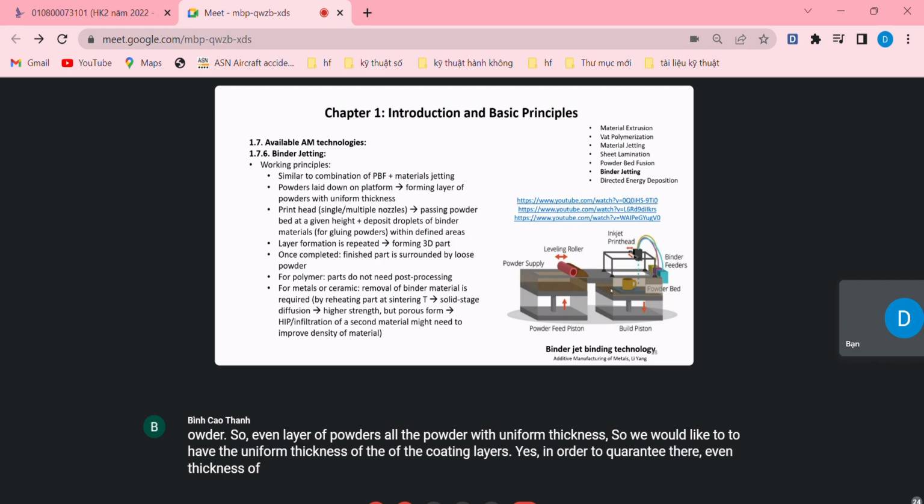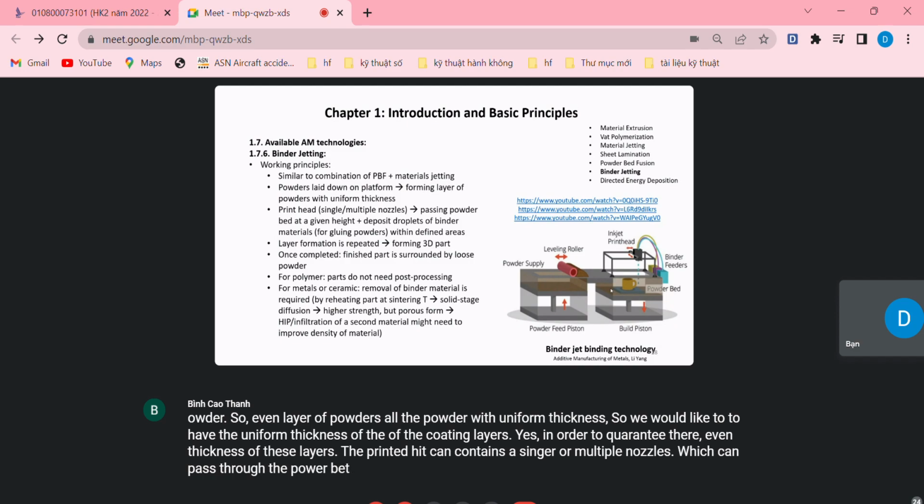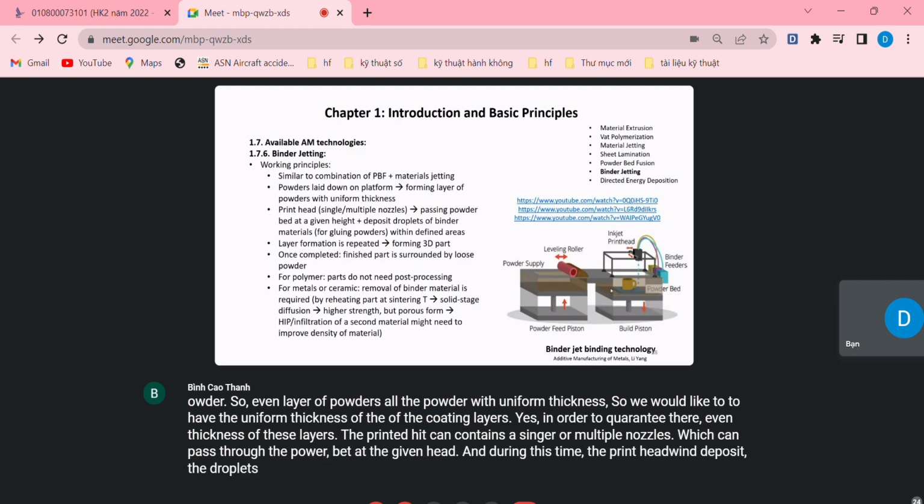The print head can contain a single or multiple nozzles, which can pass through the powder bed at the given height. And during this time, the print head will deposit the droplets of binder.